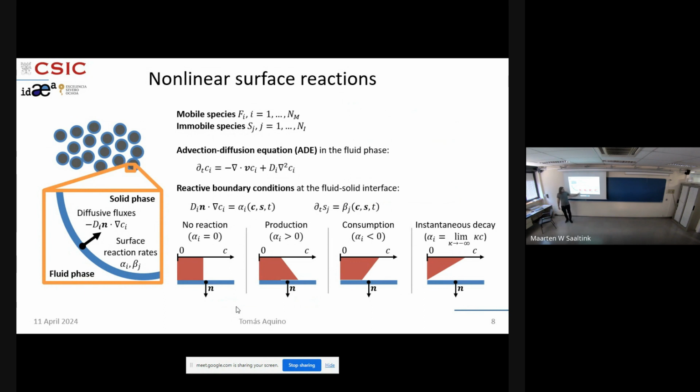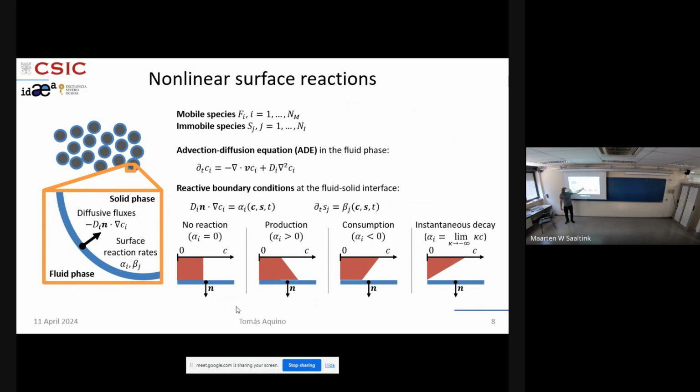So your concentration field near a wall, which here I'm zooming in on so it looks flat, will itself be flat near the bottom. Good old reflecting boundary conditions. When you have production, you're going to increase the concentration near the wall because you're producing stuff there. So in the end, what that generalized Robin boundary condition is doing is producing this kind of gradient that is positive towards the wall.